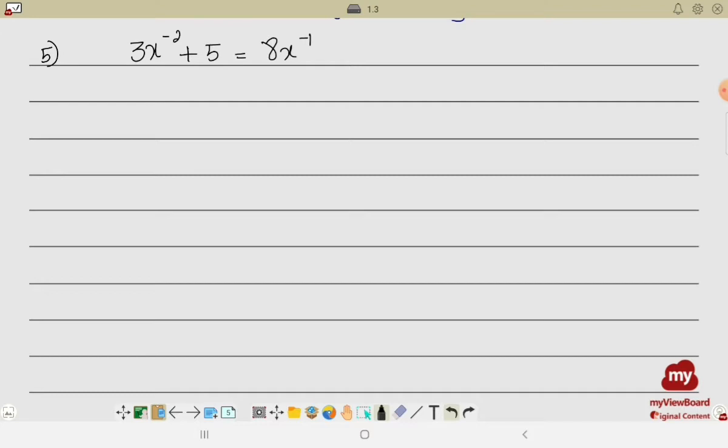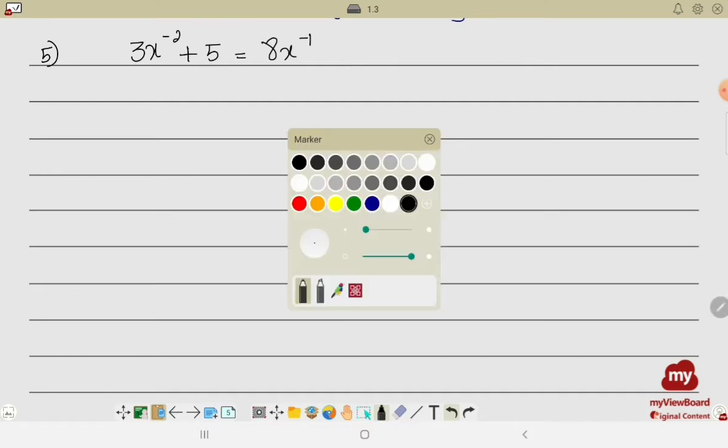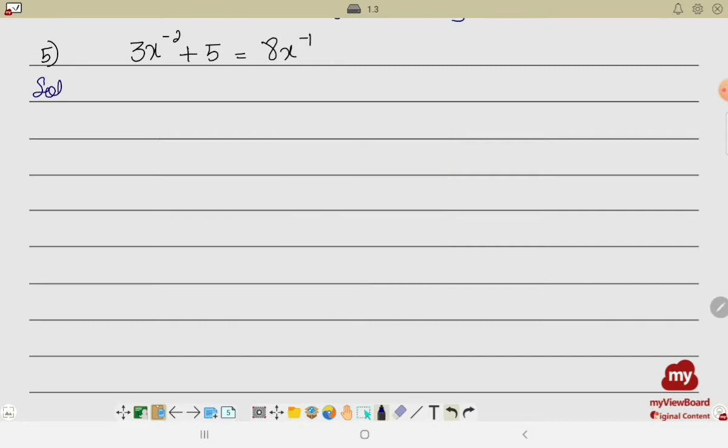Now let's see how we are going to suppose. We'll just have to do one substitution, and from that substitution we have to find the other powers of x also. So let's suppose y is equal to x raised to power minus 1, and when we take square on both sides it will become minus 2. So just by one substitution we have found both powers of x, right?